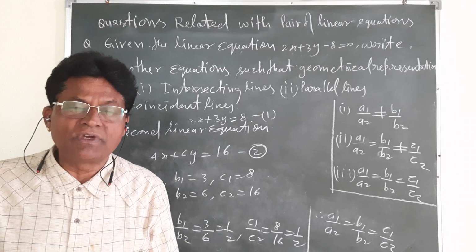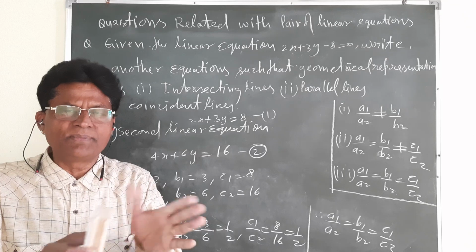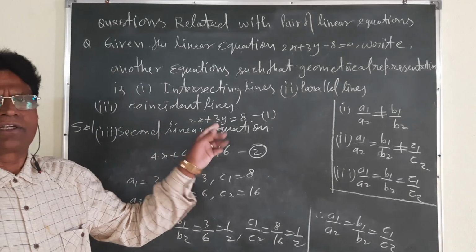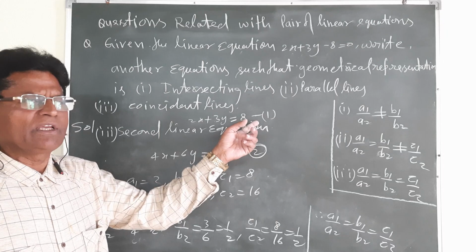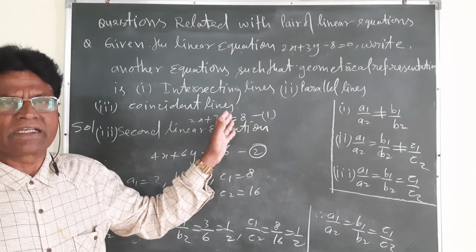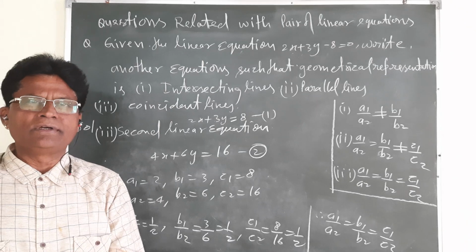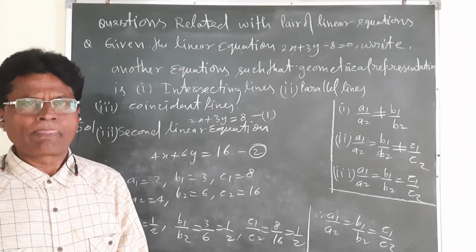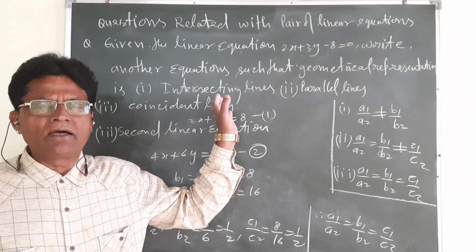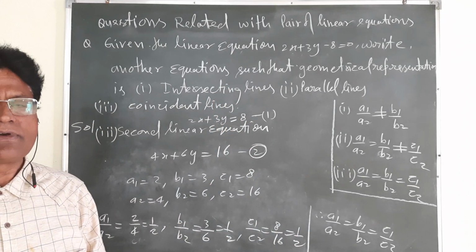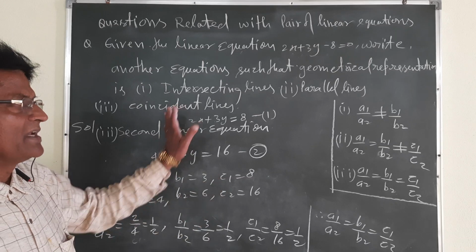To write an equation so that the lines will be coincident, meaning dependent, there is no need to write anything new. Try to understand. The same equation, multiplied by any number, whether 2, 3 or 4, gives the same kind of dependent linear equation. That is why it is very simple to write examples of different types of equations. That is very important.